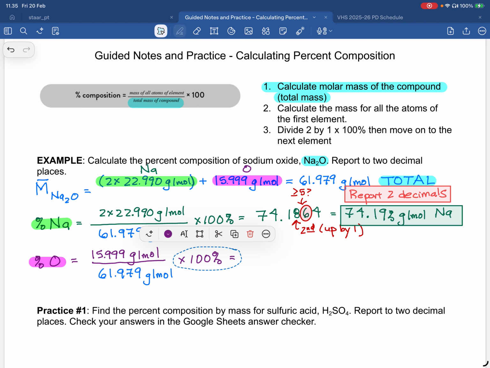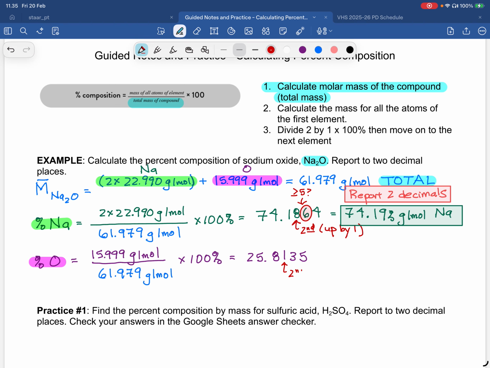All right, so this time I'm going to do the same thing. I want the 2nd decimal place. So I'm going to look at the 3rd decimal place. And I'm going to ask myself, is that greater than or equal to 5? And the answer is no, it is not. This one, it was yes. But no, it is not.